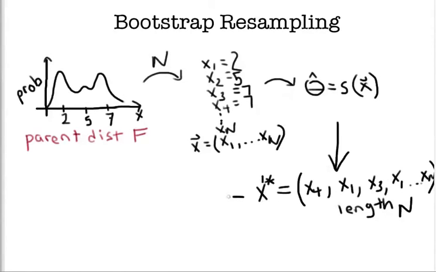And then from this bootstrap resample, we can apply the same estimator and compute s of x1 star, and this provides a different estimate of our true value theta, or the true value of the estimator. This is now theta hat 1 star.